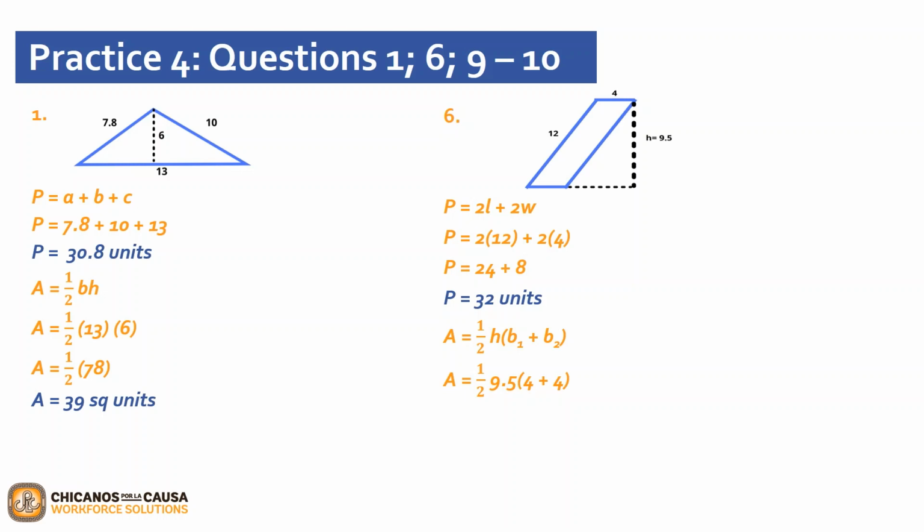So when we calculate that, we have 9.5 times 4 plus 4, all of it multiplied by 1/2, which gives us 38 square units.